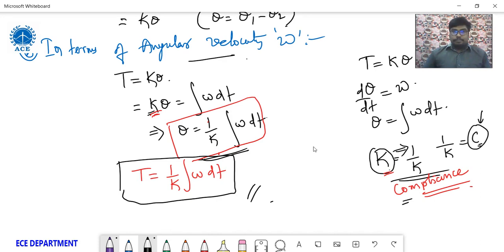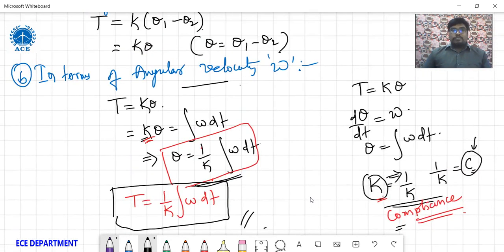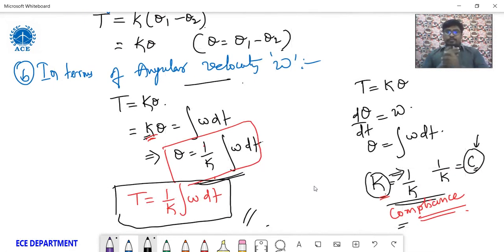Right. So these are the three elements used in the rotational mechanical system.